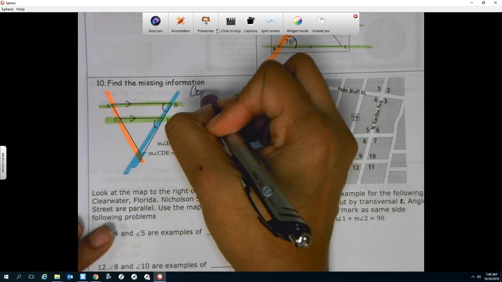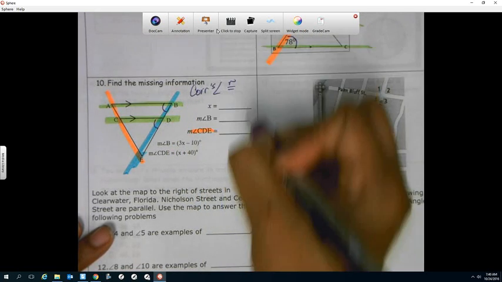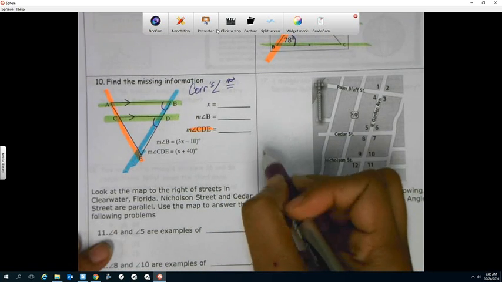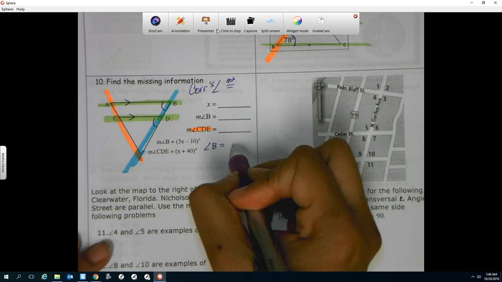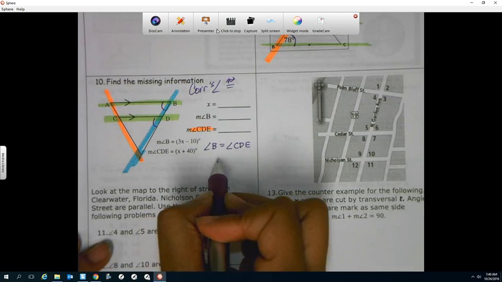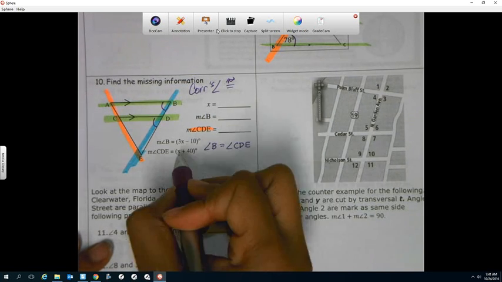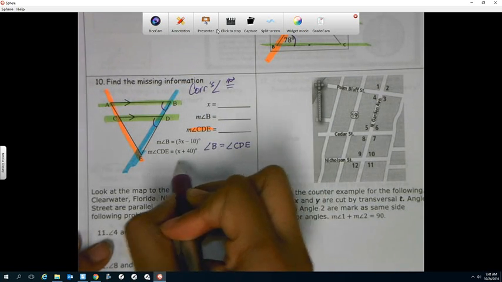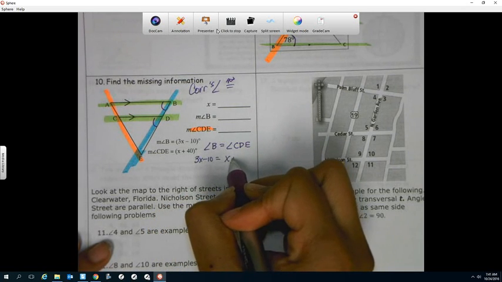Whenever we have corresponding angles with parallel lines, they're congruent. So angle B is equal to angle CDE, and I'm going to use that to substitute to solve for x. You have to write the equation to solve for x. So angle B was 3x minus 10, and CDE is x plus 40.